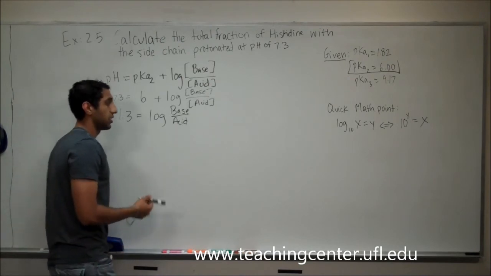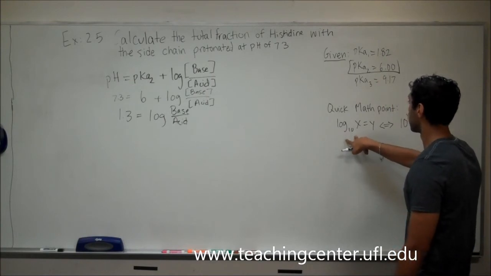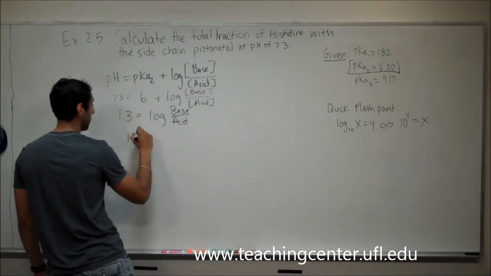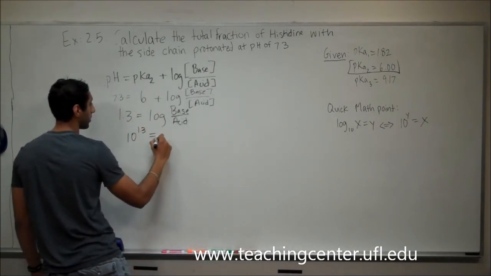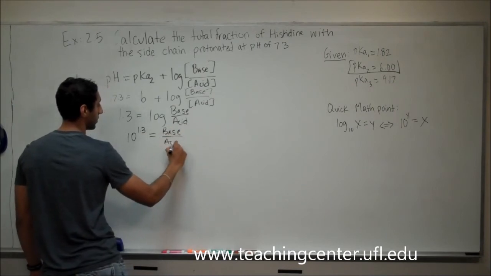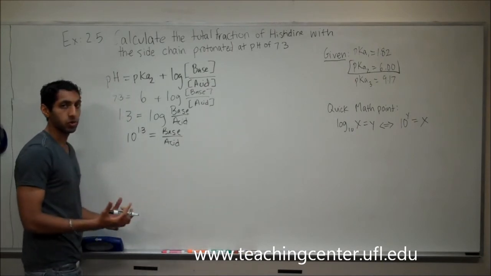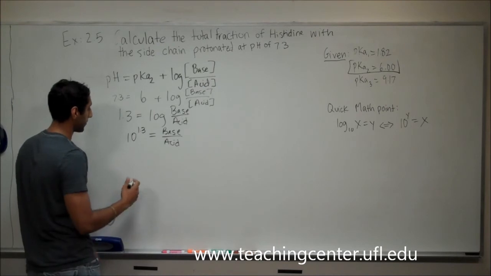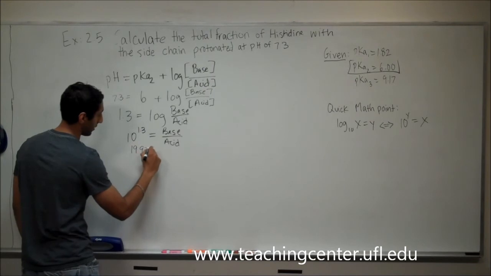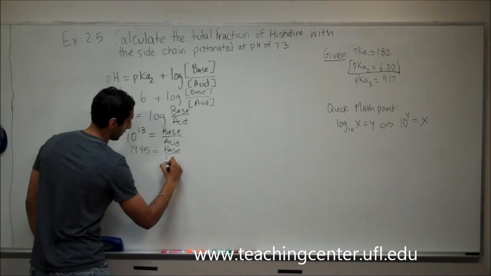Using a simple log rule, converting logs to exponential form, 10 raised to the 1.3 power is equal to the base over the acid. You'll have a calculator when you're working through these problems on the exam, so it won't be as difficult as this. This is basically 19.95 over 1, the base over the acid.